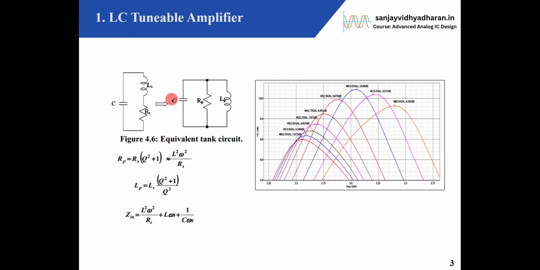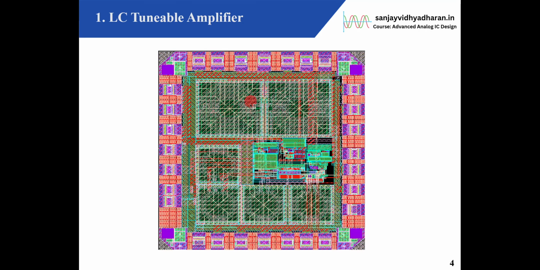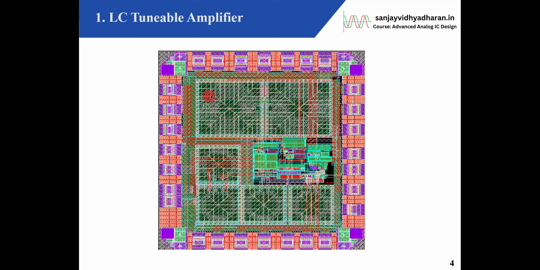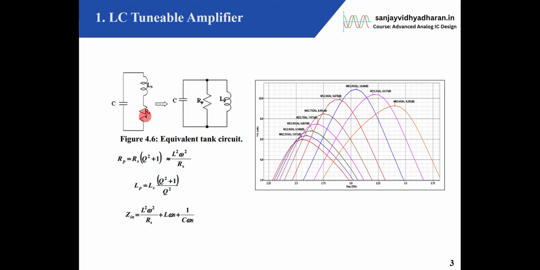All practical inductors implemented on a VLSI chip are spirals with loops like this, right? We take a metal and keep making loops to realize this inductor. It will also have a series resistance, because the metal has some resistance, depending on the resistivity. That series resistance degrades the quality factor of an inductor, so that is a problem with an on-chip spiral inductor.